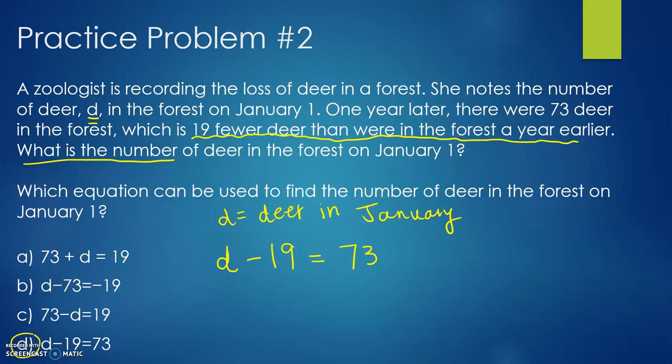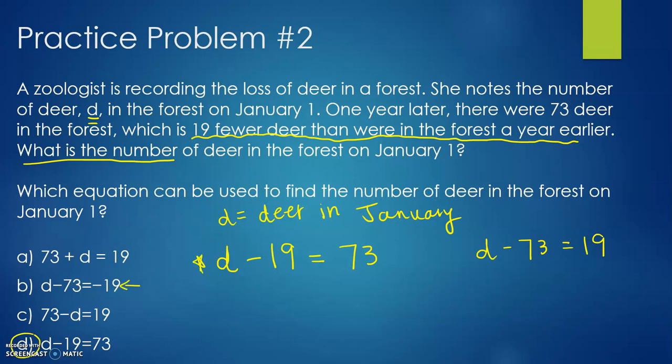Now, if I wanted to take this one step further and actually solve a related equation, another one would be D minus 73 gives me 19. And I guess B technically could work.